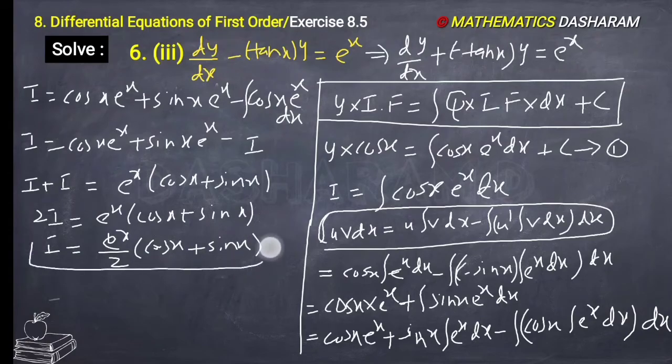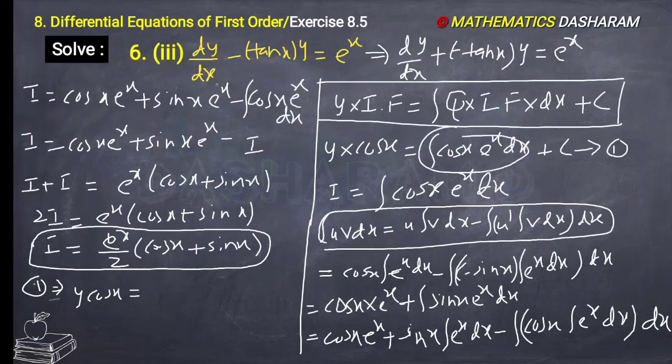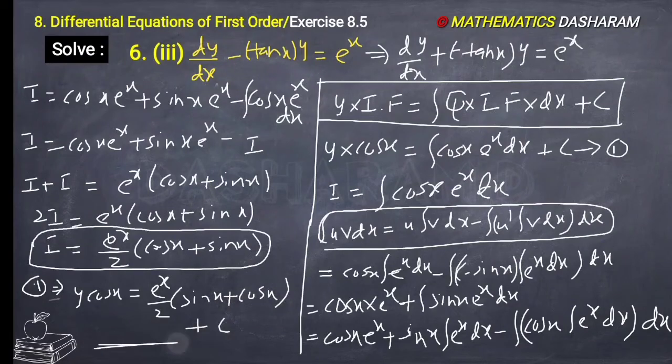So substitute this I value in equation number 1. Equation 1 implies y into cos x equals e power x by 2 into sin x plus cos x plus c, which is our required answer.